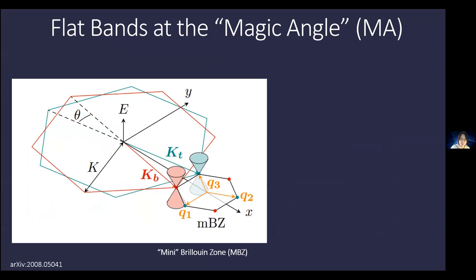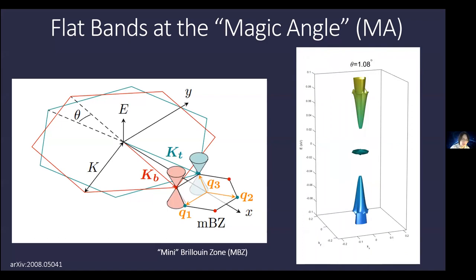So the band of twisted bilayer graphene comes from the hybridization of the Dirac cones in the mini Brillouin zone, as shown in this nice 3D picture from a recently archived paper. I just copied it. When the twist angle is close to 1.1 degrees, the central band in these spectra becomes very flat, and this is known as the magic angle.